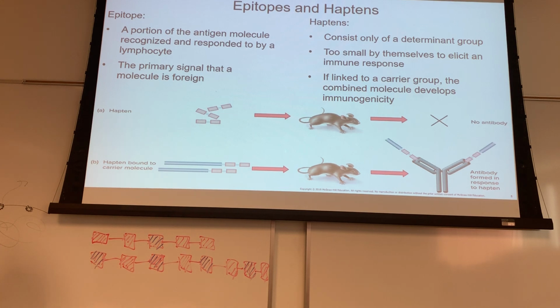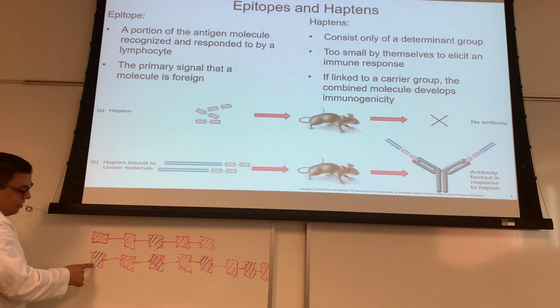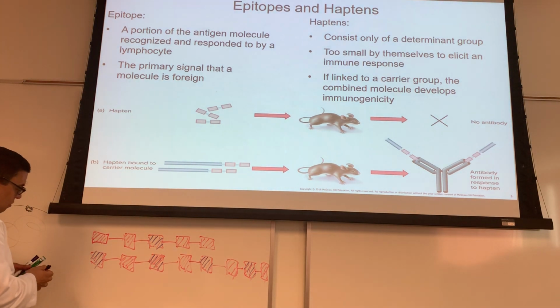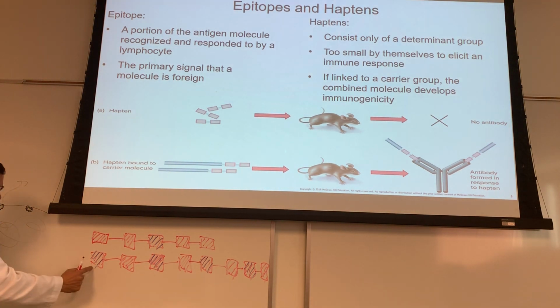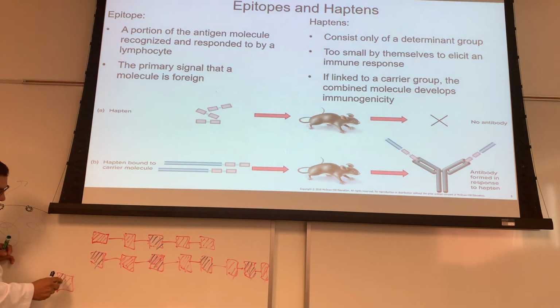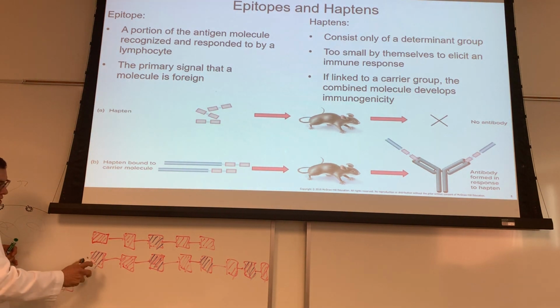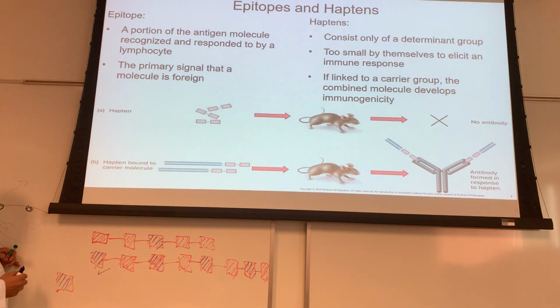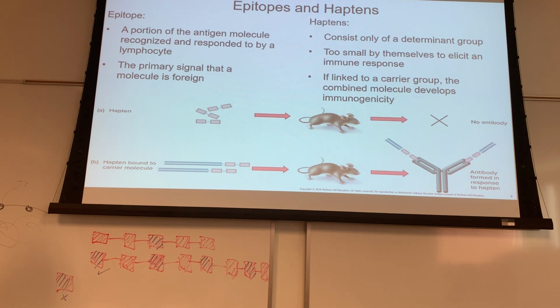The interesting thing is this. If I take this one out, look. If I take this out, just on its own, by itself, with nothing else attached to it, this would not cause the immune system to be stimulated, because it's too short. You see that?